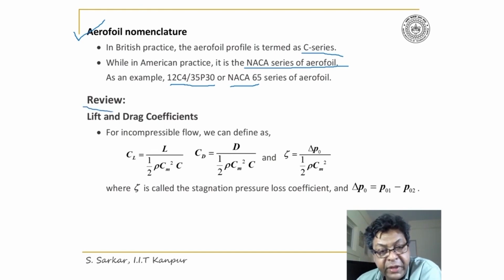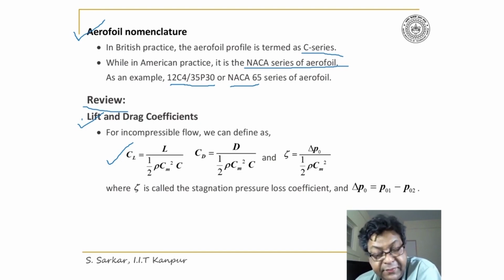Now I have reviewed some results, particularly regarding lift and drag coefficient. For incompressible flow, we may define CL, the lift coefficient, as L divided by half rho Cm squared into C, where Cm is the vectorial mean velocity and C is the chord.